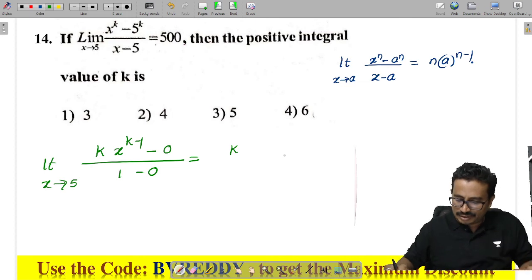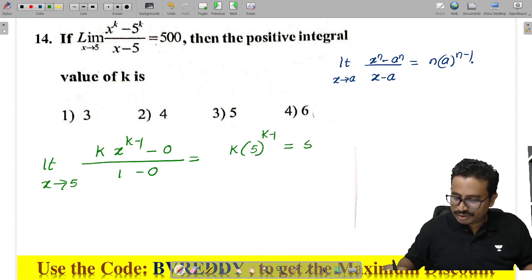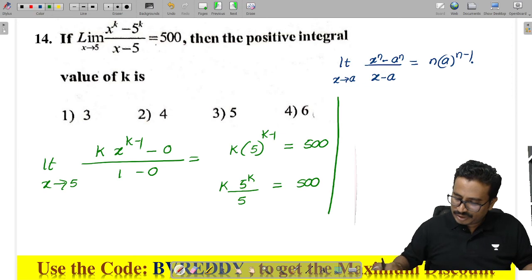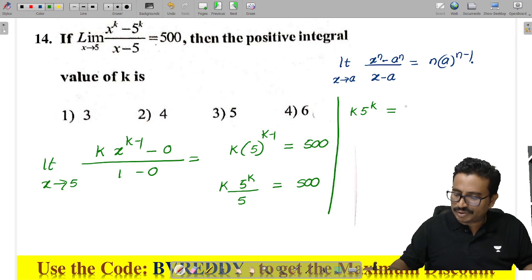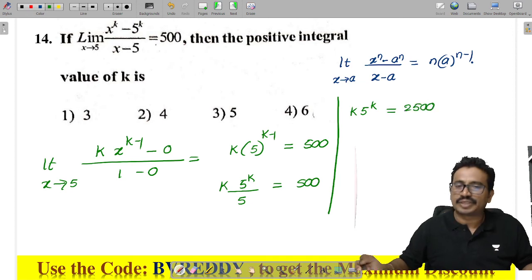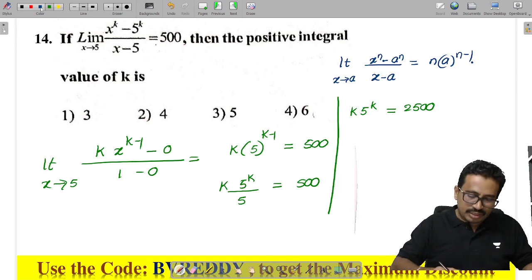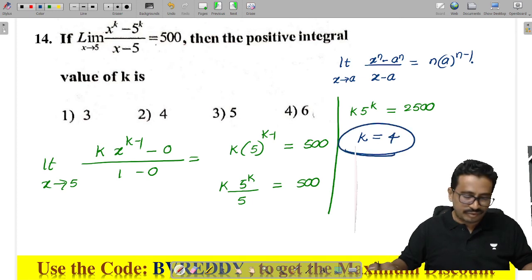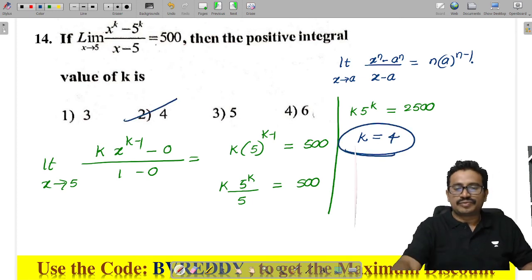That is k into 5 power k minus 1, which is equal to 400. So k into 5 power k by 5 equals 400, and k into 5 power k equals 2500. So we can verify the option value. What value of k can satisfy here? 4 will satisfy. So 4 is the answer.